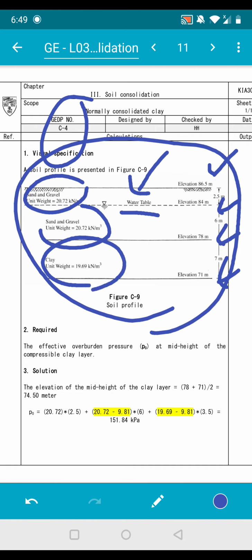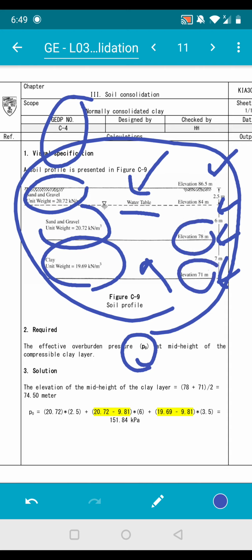And what is required? The effective overburden pressure at mid-height of the compressible clay layer. Okay, which one is this one? Solution. The elevation of the mid-height of the clay layer is 78 plus 71 divided by 2. So it gives you the mid-height, calculated as 74.5 meter.